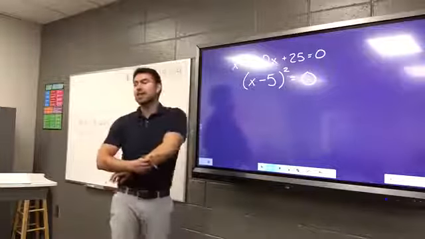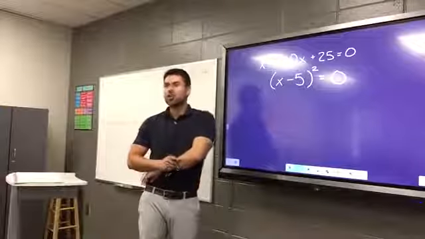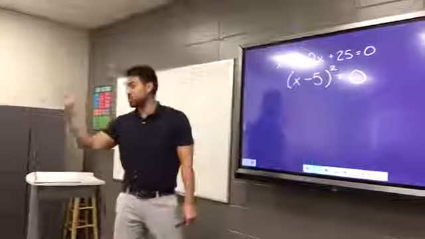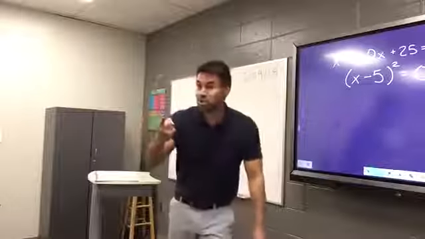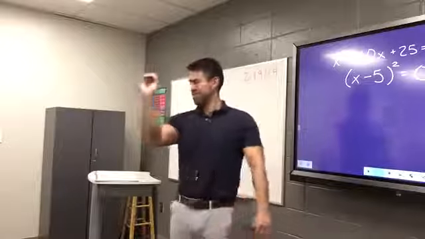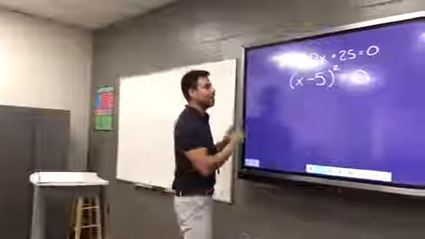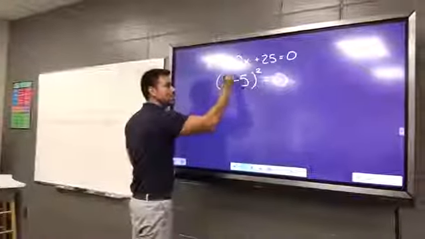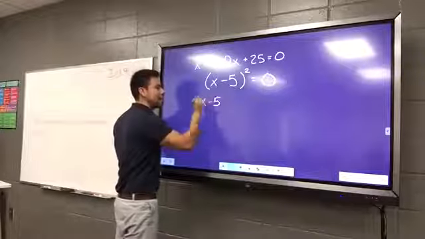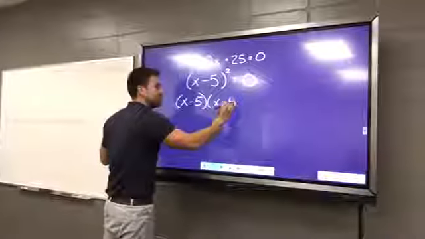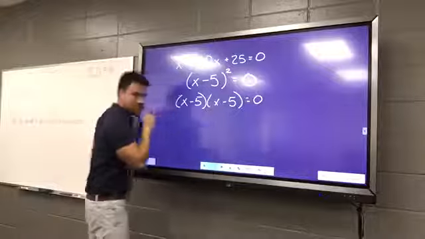Okay, listen carefully. Jackie asked a good question. You can have 2 solutions, or 1 solution, or dare I say it, 0. It's possible. Does anyone know what this actually means? It means x minus 5 times x minus 5.